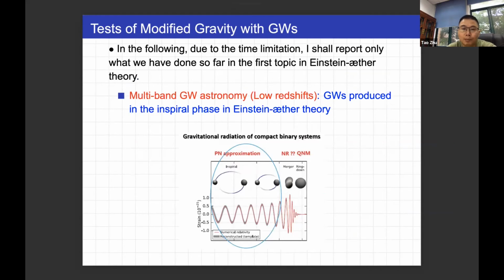Because of the time limitation, in the following I will only present our recent works on gravitational waves generated in the inspiral phase in Einstein-Aether theory.